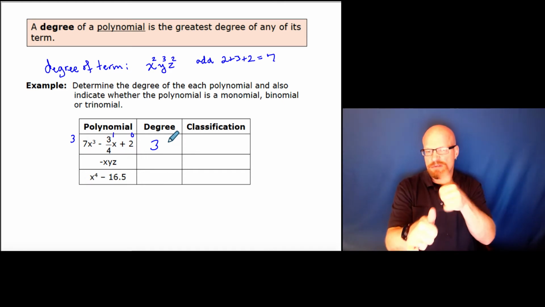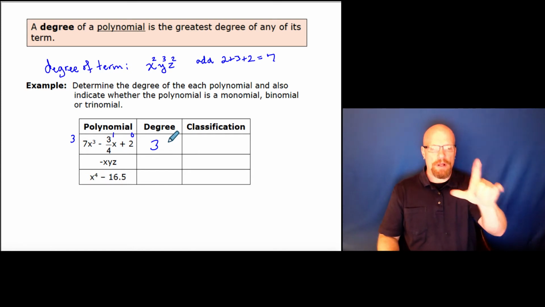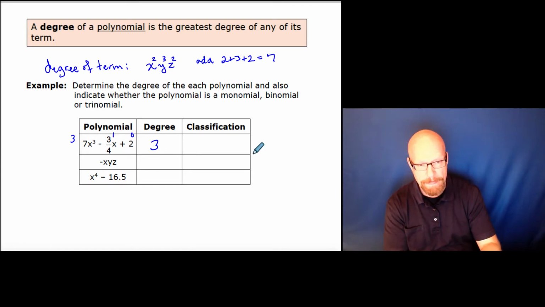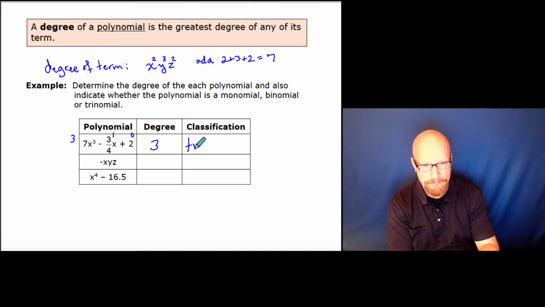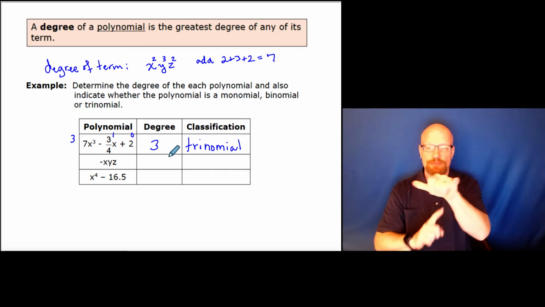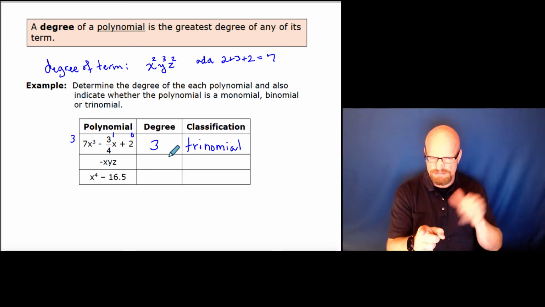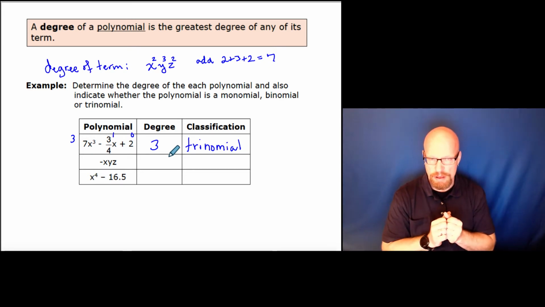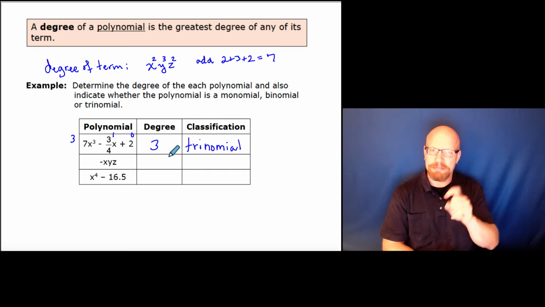Now, is it a trinomial, monomial, or binomial? It has 3 terms, therefore it's a trinomial. Now, the second example, negative xyz. What's the degree of that term? Is it a 1st degree term?